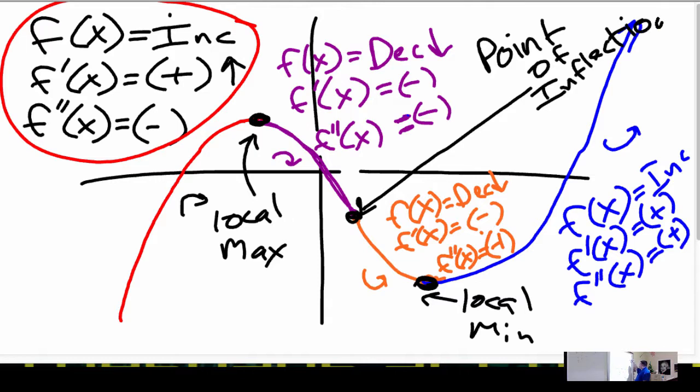But isn't it still concave down at that point? Well, it goes from down to up, right? Here to the left of this, it's concave down, but as soon as we get past this point of inflection, it goes to concave up. So it's like the min or max of y prime, right?